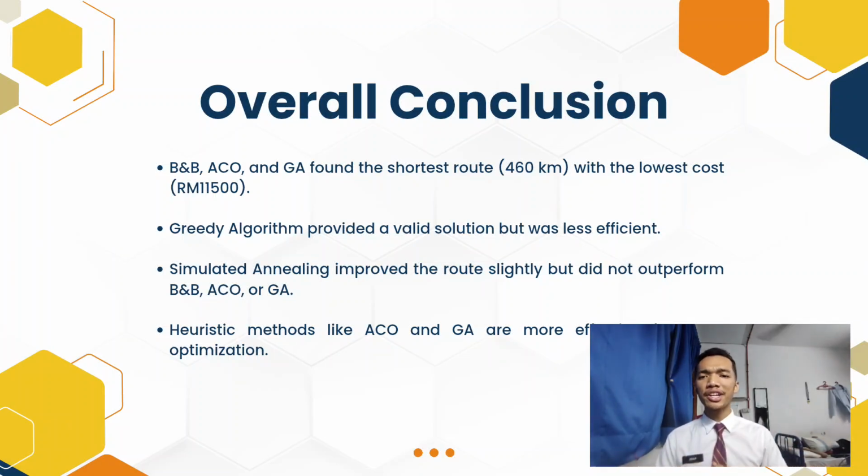While the greedy algorithm provides a quick solution and simulated annealing shows potential improvement, neither achieves the efficiency of the advanced methods. This result underscores the importance of using sophisticated heuristic approaches for complex logistic challenges. The benefits are clear: reduced fuel costs, shorter travel distance, and better overall truck utilization, all of which can translate to significant operational savings in a real-world context.